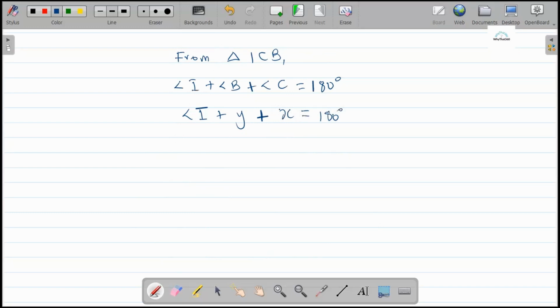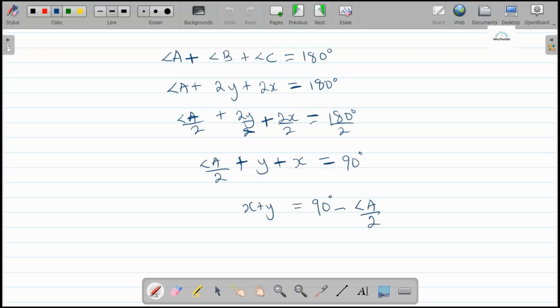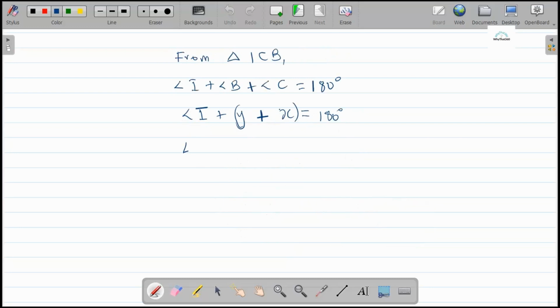And if you remember what we did before we came here, we had an answer for this y plus x, or x plus y. We had x plus y equal to 90 degrees minus angle A out of 2. So we will go there. We get angle I plus 90 degrees minus half of angle A, and we equate this to 180 degrees.